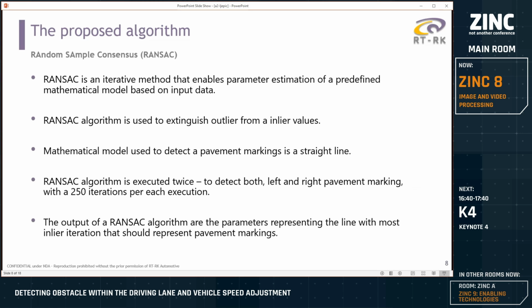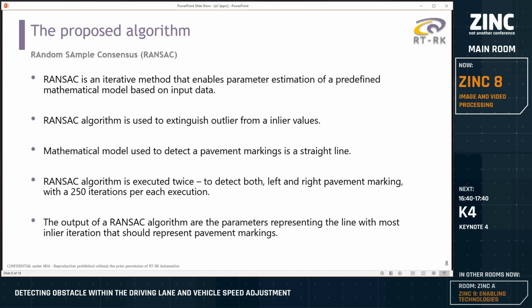And then we used RANSAC, the random sample consensus, an iterative method that enables parameter estimation of a mathematical model to eliminate outlier values. We used a straight line to detect pavement markings, and we ran 250 iterations twice, once for each pavement marking, and as output we got a set of points that describe the line model best.